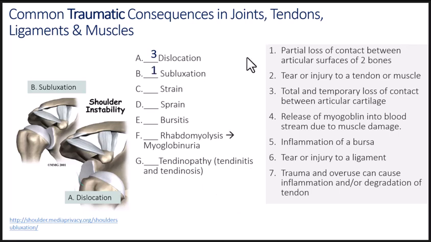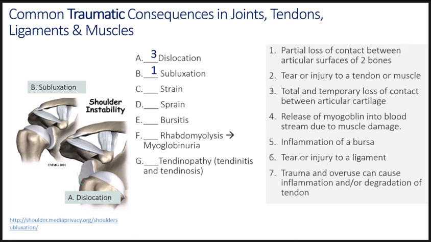Next up is subluxation. A subluxation is partial loss of contact between two articular surfaces of bone. So dislocation is total. Subluxation is just beneath that in terms of severity. It's partial loss of contact. Not overly clear to see here, but we've lost partial contact here with the glenoid cavity.